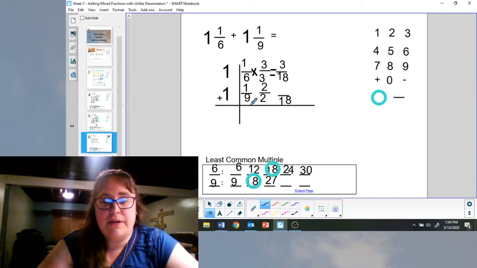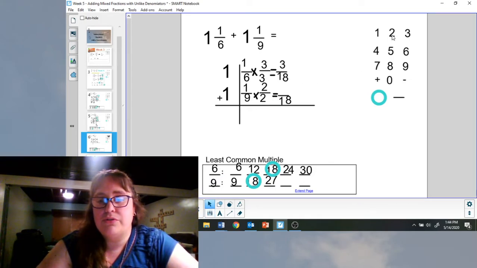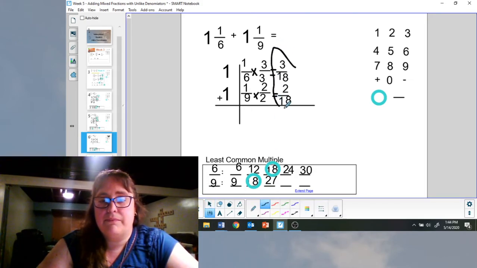Again, if you still need to write that symbol in there, that's fine. You give your eyeballs what they need for your brain to see it. So then you're multiplying across, and you've got 1 times 2. So you've got 2/18. And then this is what you're adding. Are you still circling? Again, give your eyeballs what it needs. This is what we were doing in school before you left. 3 plus 2 is 5.